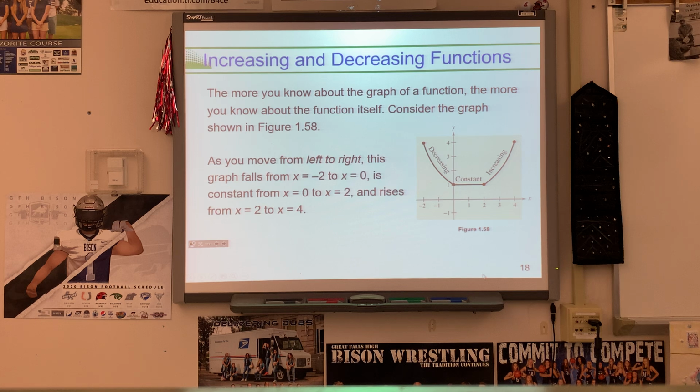It is all relative to what is around it. So when we use interval notation to identify decreasing, increasing, constant intervals, we are never, hear this clearly, going to use square brackets. We will always use parentheses when noting those intervals.